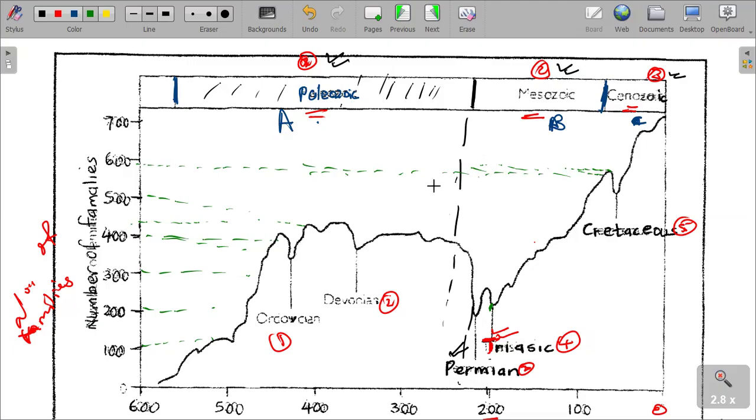It is the Triassic which has the highest number that went missing.